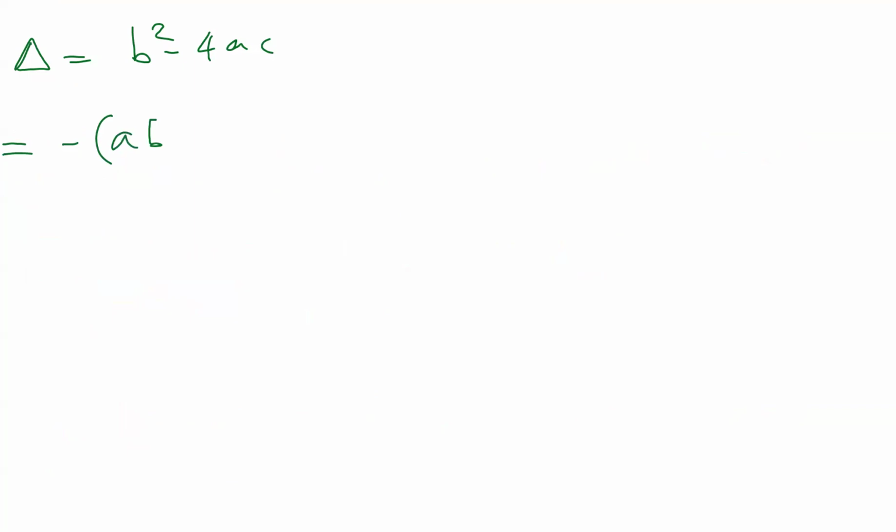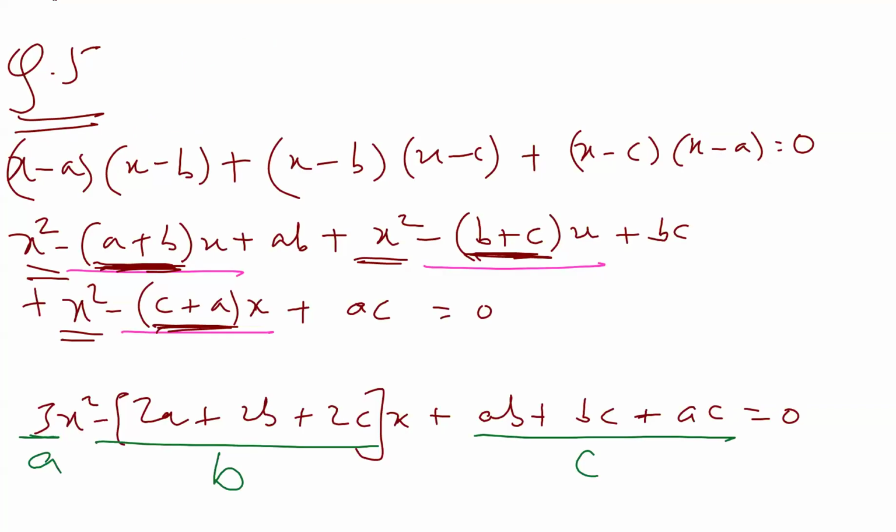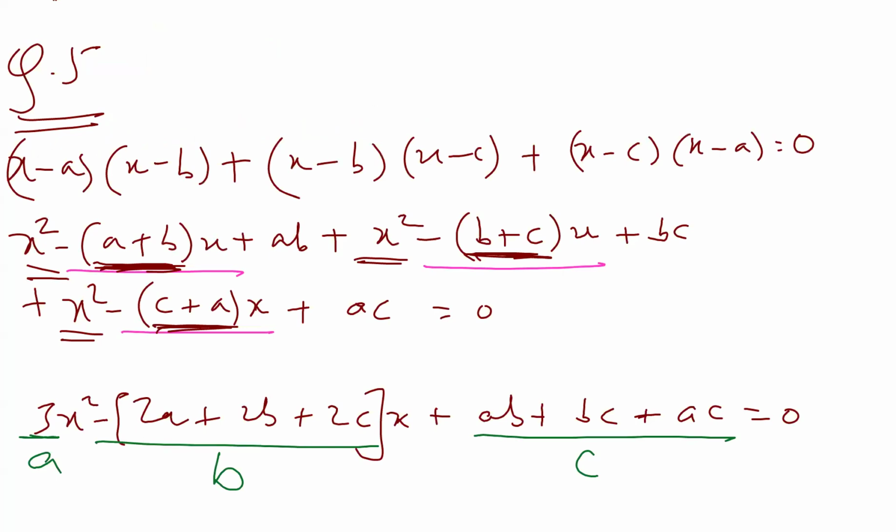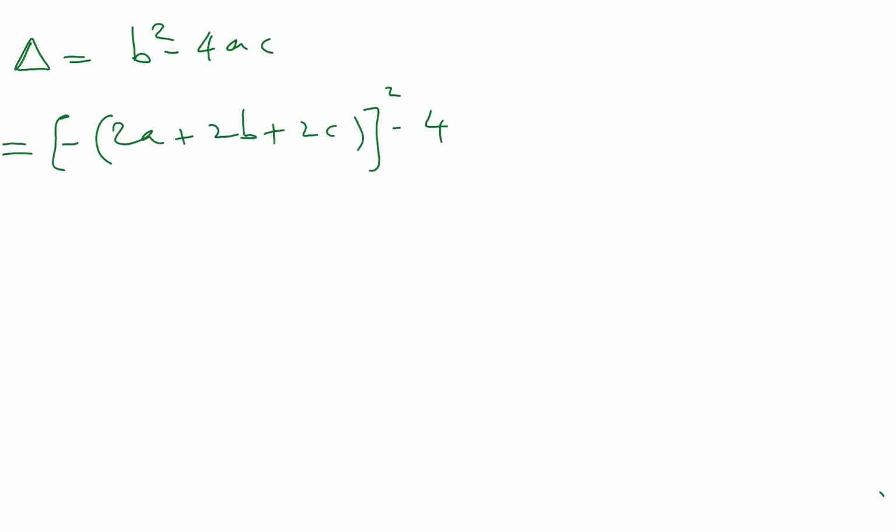So minus of 2a plus 2b plus 2c the whole square minus 4ac. a is 3 and c is this, ab plus bc plus ac.